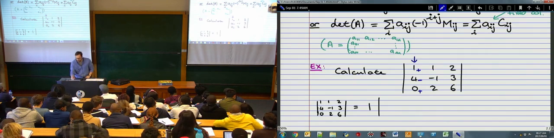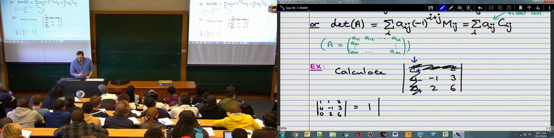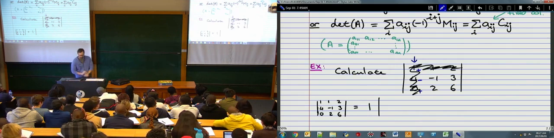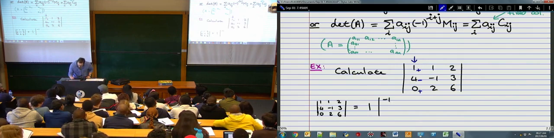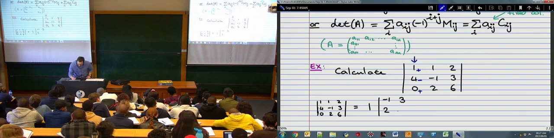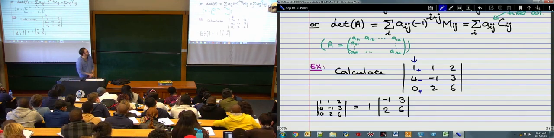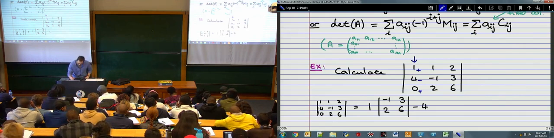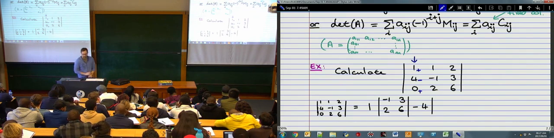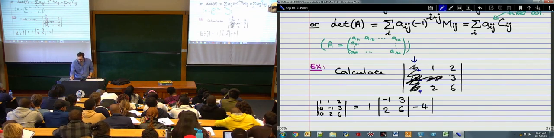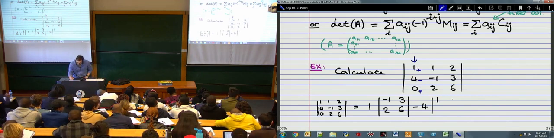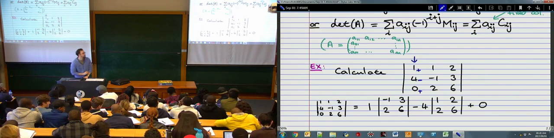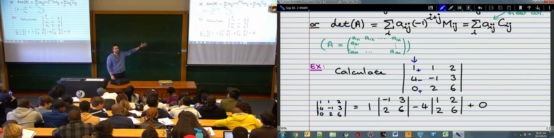The minor in this particular case is going to be the determinant of that matrix over there, so that'll be minus 1, 3, 2, 6. Then we've got a 4. That should be a minus 4. And we calculate the determinant of a smaller matrix, which is going to be 1, 2, 2, 6. And then we get plus 0 multiplied by, and I don't even have to bother writing down the rest of that.